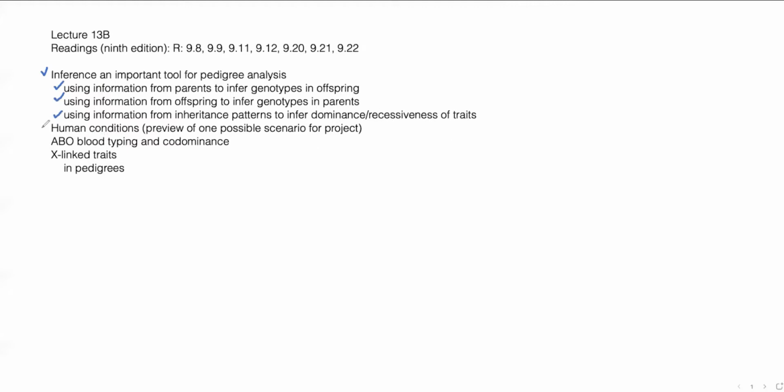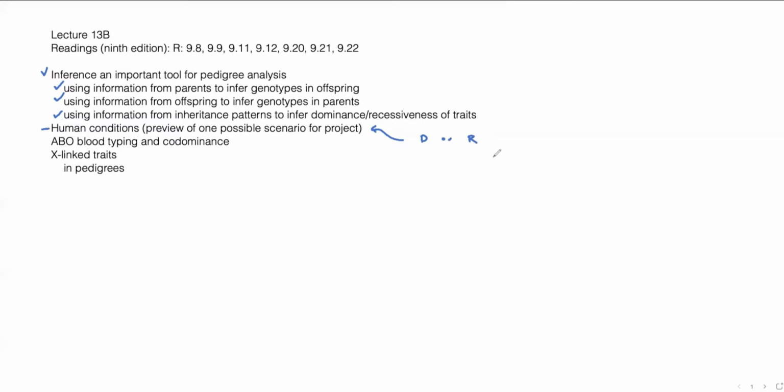Okay, next item for us, and this is going to be a little bit of a preview for the project that you guys are responsible for completing in the last portion of BIO110, which is on a genetically conferred condition in humans, right? The point here is that there are many human conditions that are inherited on the same basis of having a dominant trait or a recessive trait be the condition, right?